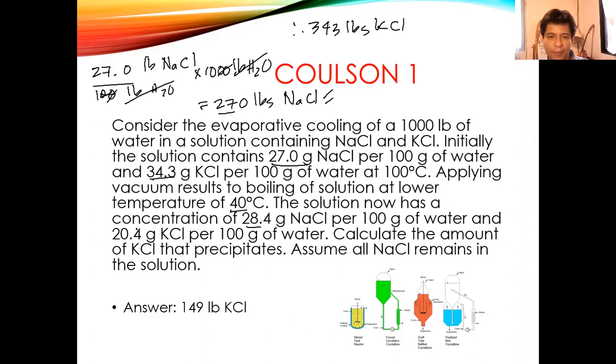So, halimbawa, we have 270 pounds of NaCl. Tapos you just simply divide this by 28.4 pounds of NaCl. Ito yung bago niyang solubility. This is the amount dissolved per 100 pounds of water. Can you follow the logic? So magka-cancel out ito.